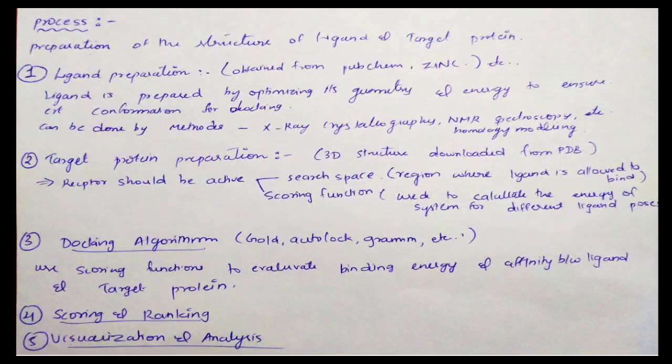The first one is ligand preparation. A ligand can be downloaded from databases like PubChem, ZINC, etc. The ligand is prepared by optimizing its geometry and energy to ensure its conformation for docking. That is, a particular ligand with a perfect geometry and energy is selected so that we can ensure its conformation while docking.